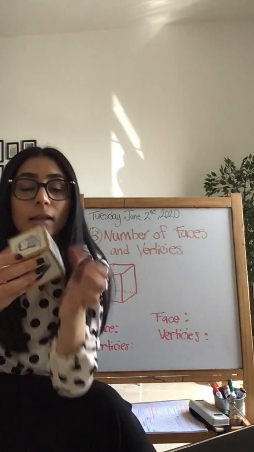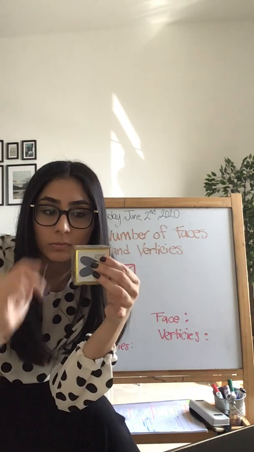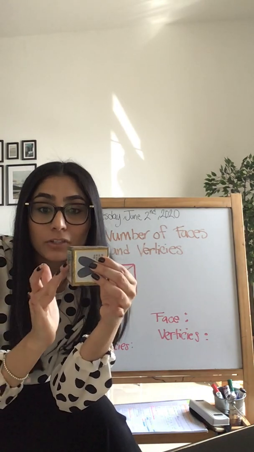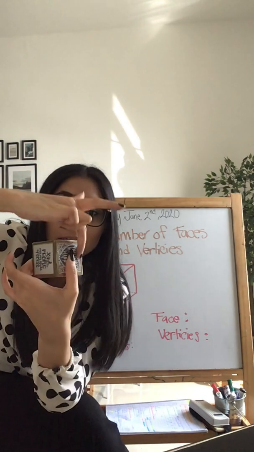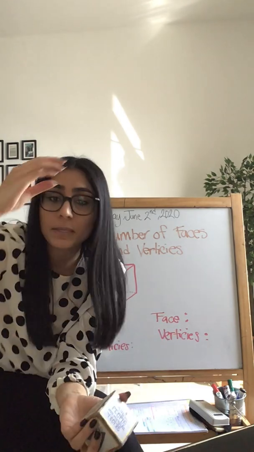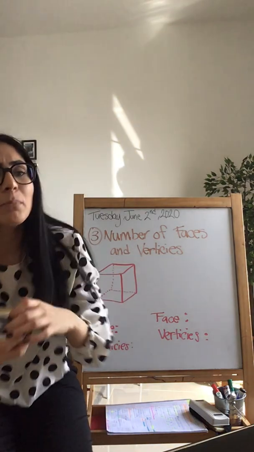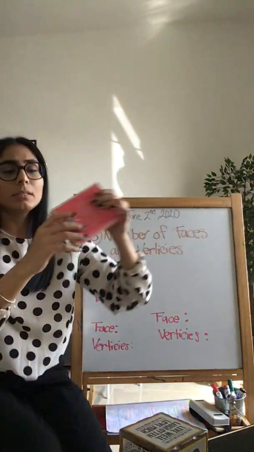So remember, again, there's always one at the top, one at the bottom. So that's already 2, top, bottom. And then there's 4 on the side. So there are 6 faces. Now, if you're having trouble seeing that, then grab something in your home that is a cube shape like this, or even if it's not perfect, like this book.